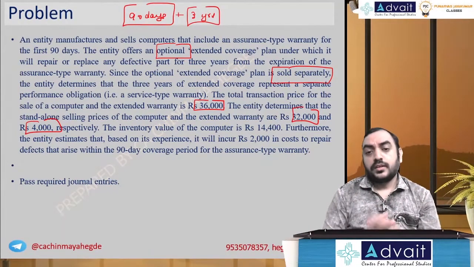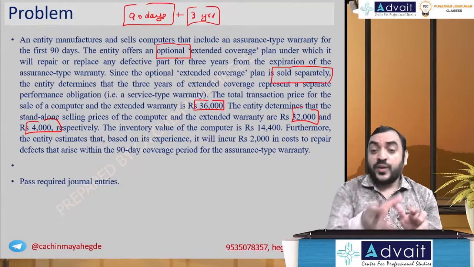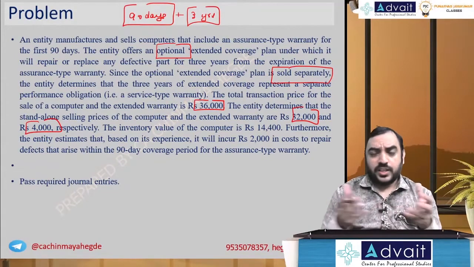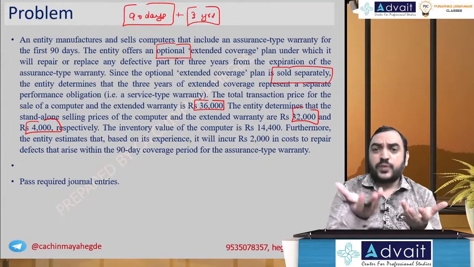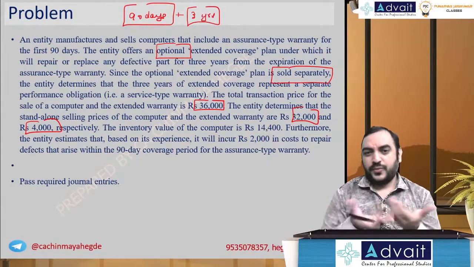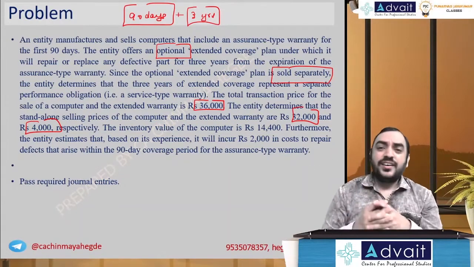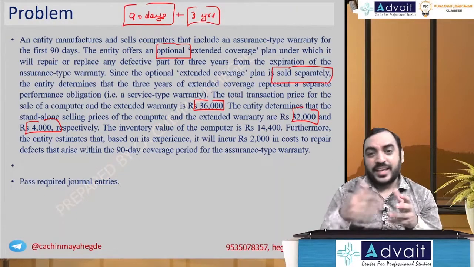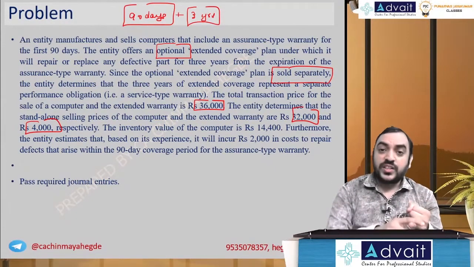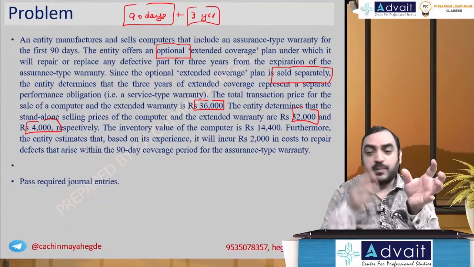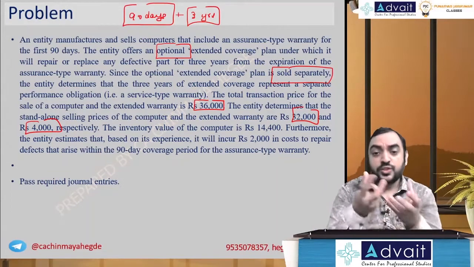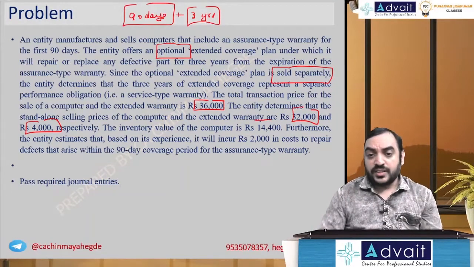Closed. Then the inventory value, what will you do? Normally, it will go to cost of goods sold. We don't pass a journal entry now separately because everything is transferred to the trading account. Effectively, opening stock, closing stock, purchases, everything goes to cost of goods sold. Sale minus cost of goods sold becomes profit. So what will happen to this inventory, 14,400?